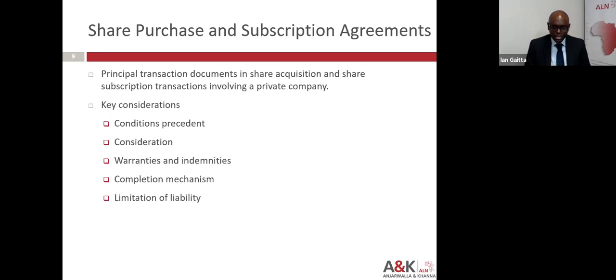And obviously the other point is consideration, and that is simply price. At what price will the parties be subscribing for shares in the project company or in the holding company, which in turn will own the project company. And in addition to that, it will be questions even around where we have our holding company located.